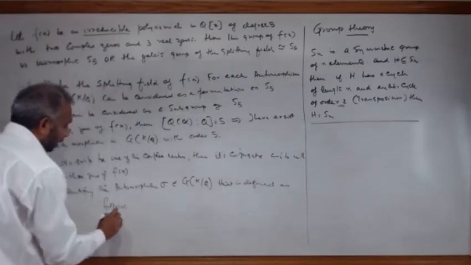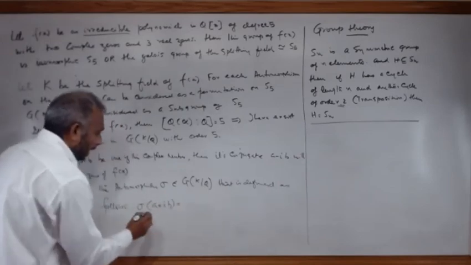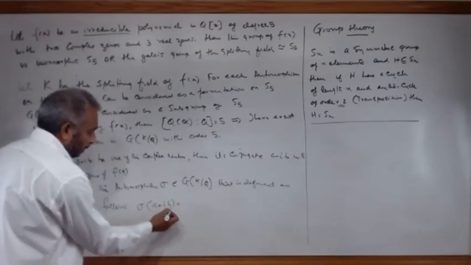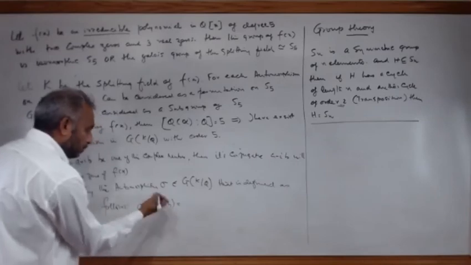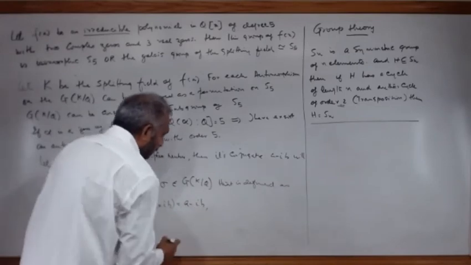How are we going to define sigma of a plus ib? It should be either a plus ib or a minus ib. A plus ib means it will be an identity map. So this is going to be a minus ib.